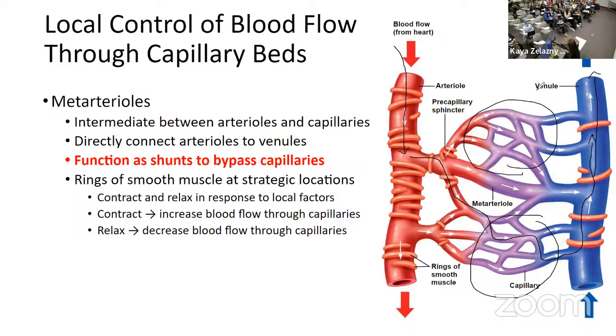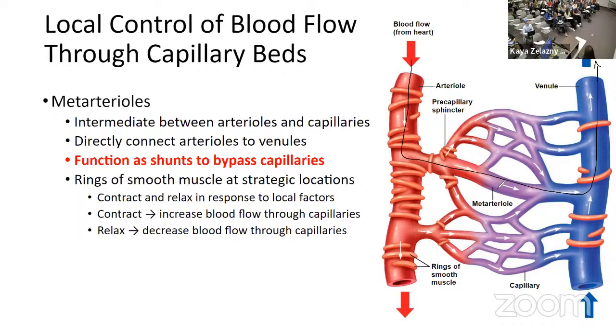Now, what a meta-arteriole does is it's like an overpass on a highway, right? So you can come down the arteriole, and if this meta-arteriole is open, you can just skip the whole capillary bed, go into the venule, into a vein, and back into the heart. So that's what we mean, that it's a shunt that allows us to bypass capillaries. We don't even have to go into the capillary bed at all if we can access a meta-arteriole.